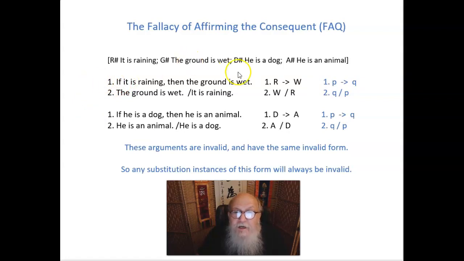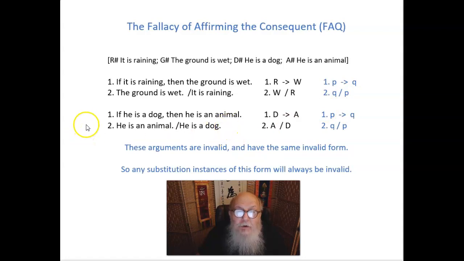Using our dictionary, if R, then W, W, therefore R, which gives us the form, if P, then Q, Q, therefore P. And I've affirmed here in the second premise that the consequent is true, right? And I've drawn a bad conclusion from that, an invalid conclusion.